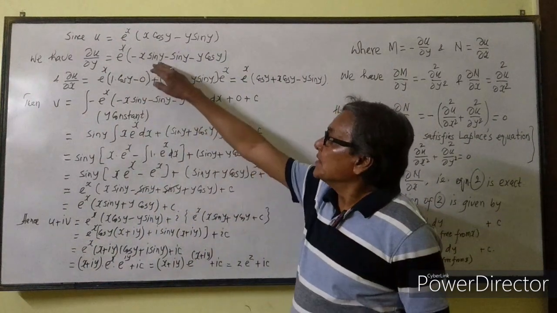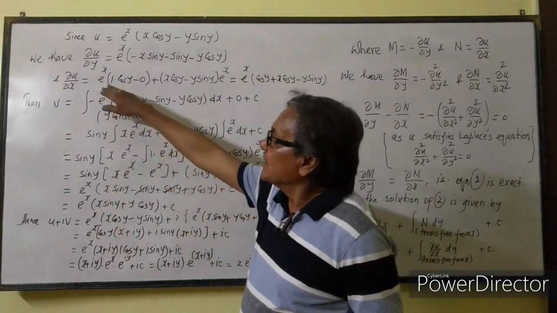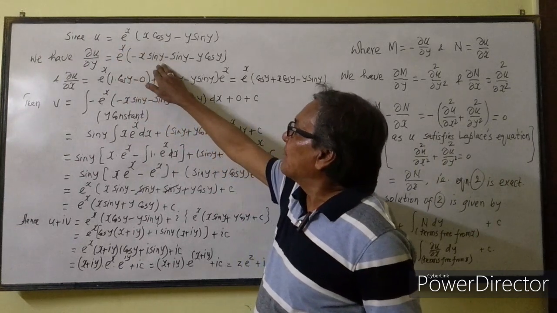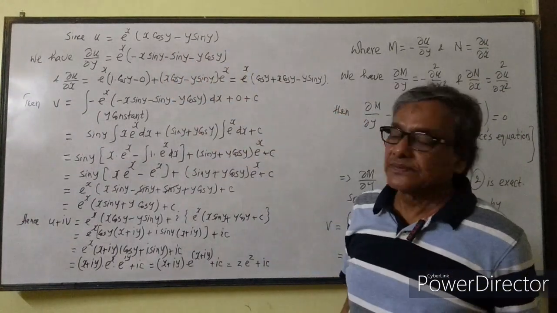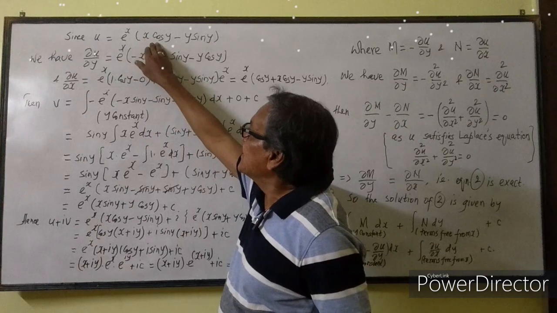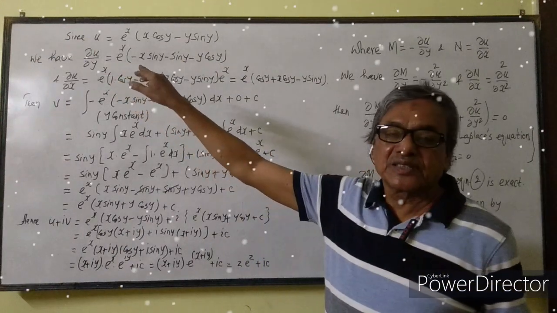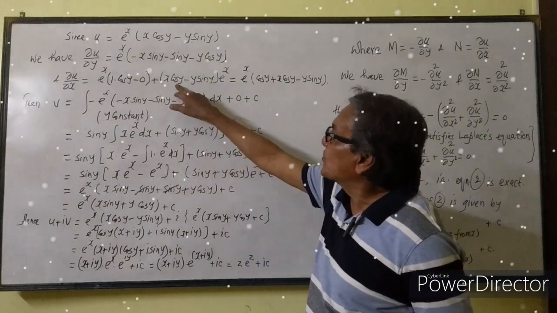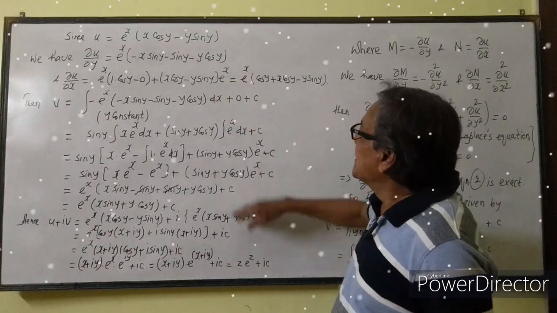Now we have, since u equal to e to power x (cos y minus y sin y), del u del y, that is the partial derivative with respect to y, will be e to power x (minus x sin y minus sin y minus y cos y), and del u del x will be e to power x (cos y minus y sin y).